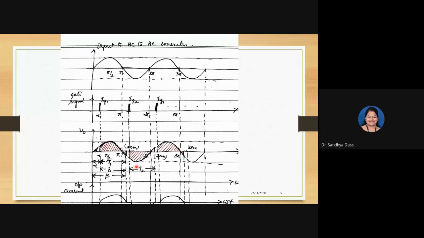So as you can observe, the output voltage is a continuously varying voltage, because in the positive cycle T1 is conducting, in the negative cycle T2 is conducting, so you have an AC signal at the load.